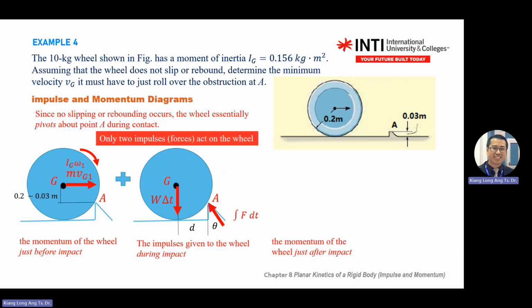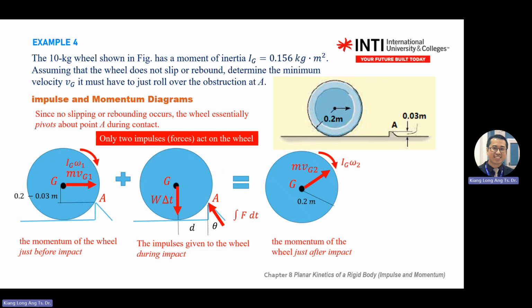And after the event will be the momentum, like this one. Copy this one and put it on the right-hand side, but this is after impact. The velocity vector after impact will shift down.